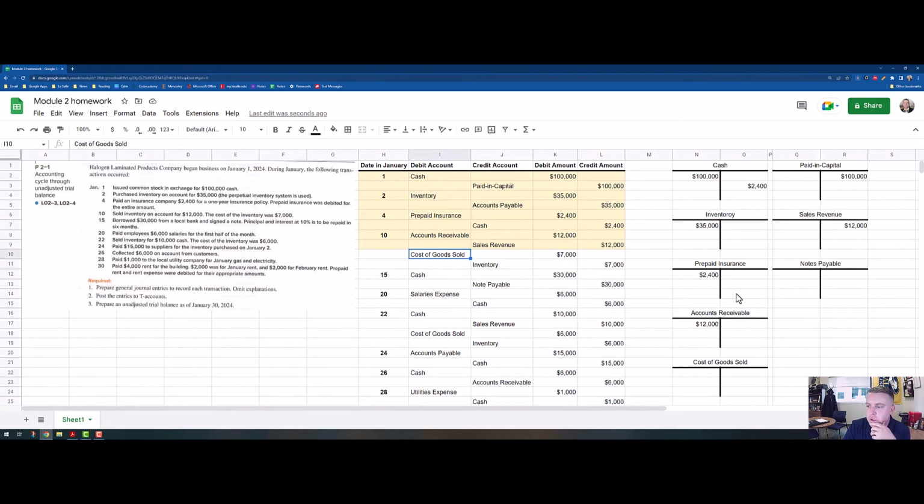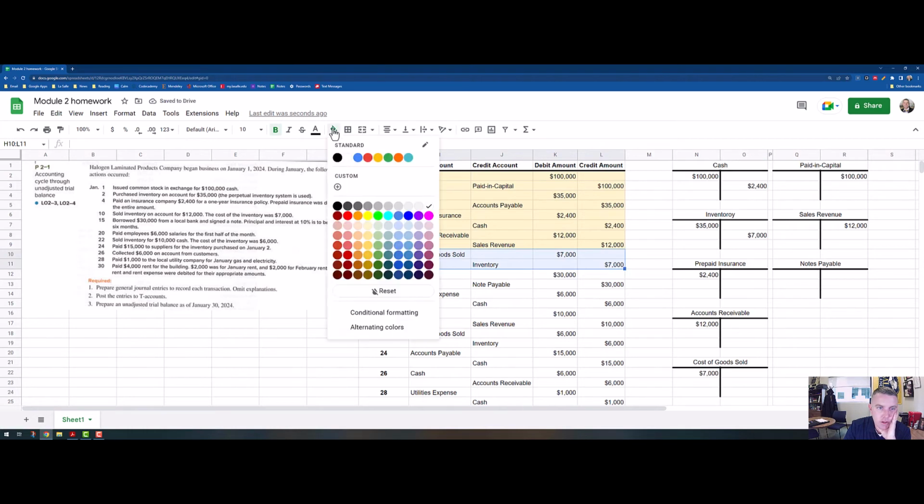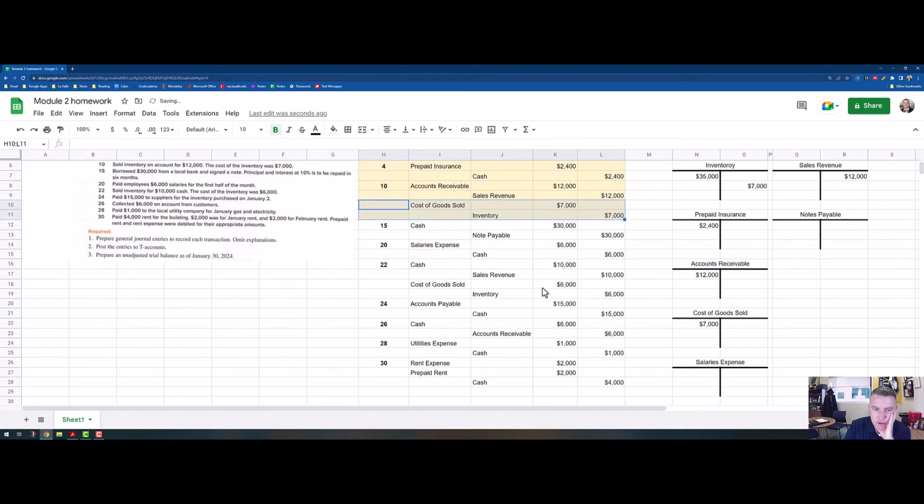Cost of goods sold here. A general ledger, by the way, is a collection of T accounts. So cost of goods sold here is going to be 7,000. Inventory is going to be 7,000. All right. Clear this out. We're done. Okay. Cash. All right.